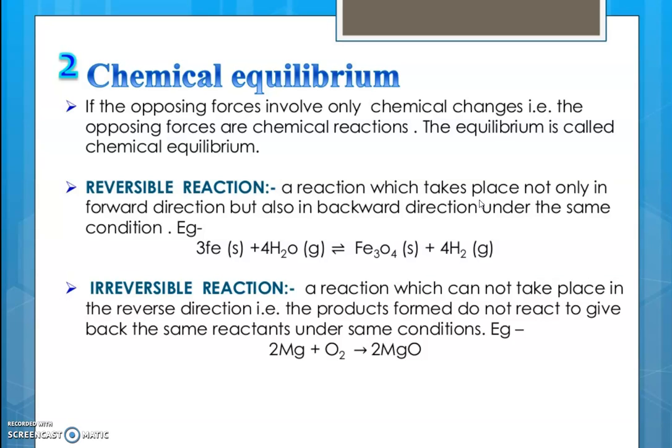An irreversible reaction is a reaction which cannot take place in the reverse direction. That is, the products do not react to give back the same reactants under the same conditions. Taking the first example, Fe3O4 can be converted again to Fe and water in the same conditions.